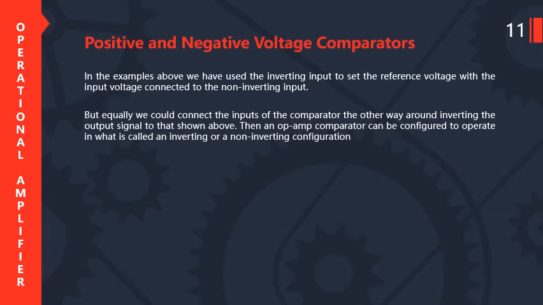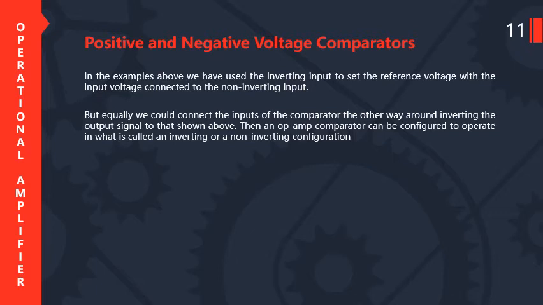In the example above, we have used the inverting input to set the reference voltage with the input voltage connected to the non-inverting input. But equally, we could connect the inputs of the comparator the other way around, inverting the output signals shown above.